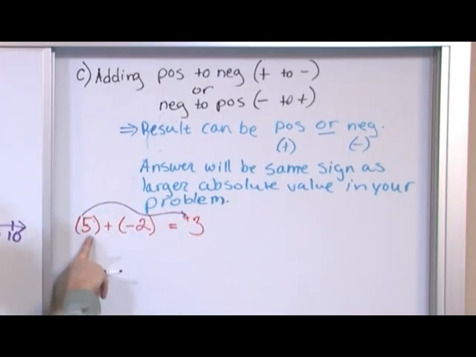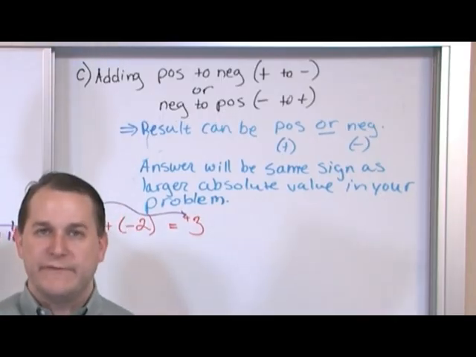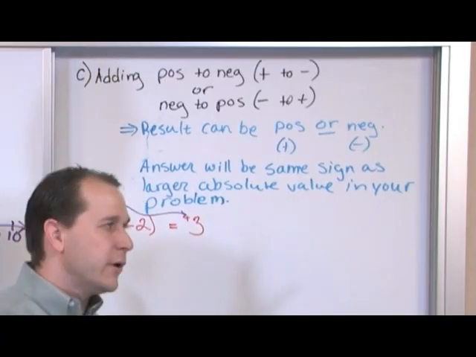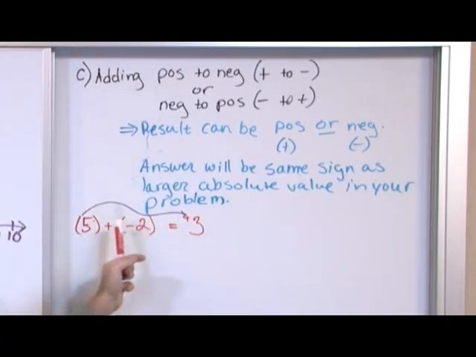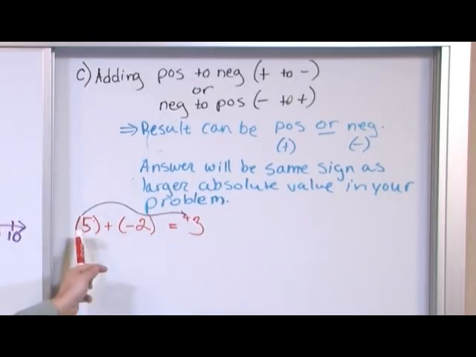See, this is positive 5 and this is negative 2. Remember absolute value, it just gets rid of the sign. So this number is actually bigger from an absolute value point of view than the negative number. So the answer is going to be positive just because this number is positive. And of course this is negative here. Now what do you do to get the actual number? You just simply subtract the absolute values here. So 5 minus 2 is 3, so that's why we get a 3 there.